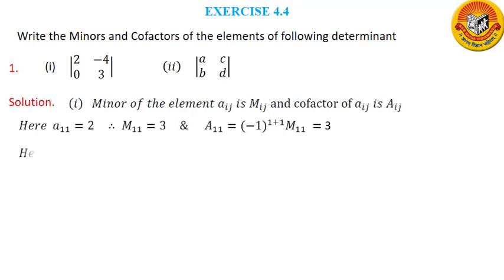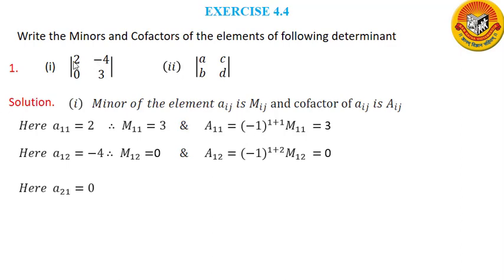Similarly A12 is minus 4, so I will find M12, which is 0, by deleting the first row and second column. I get 0, one element only, its determinant is that element, and similarly A12 we calculate. Now 1 plus 2 is 3, so I have a minus sign before this 0, which is 0 only. A21, second row first column, is 0, M21 is minus 4 and this is also a minus sign, so minus minus plus.